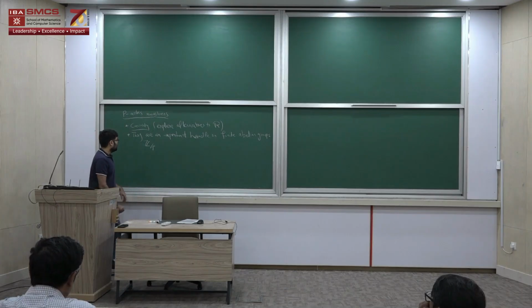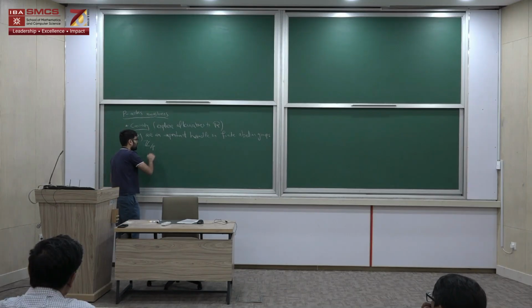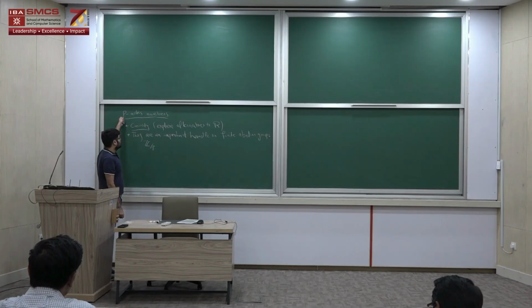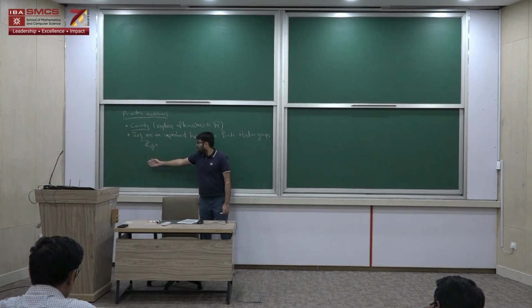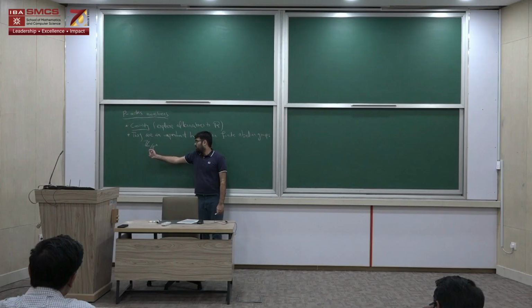Here p is a prime, and you should remember this p. But I can also just say Z mod p^n. So instead of doing addition and multiplication modulo p, I do it modulo p to the n.